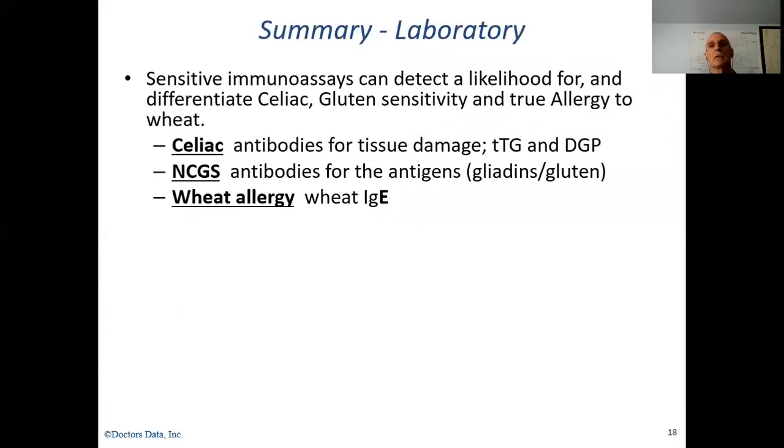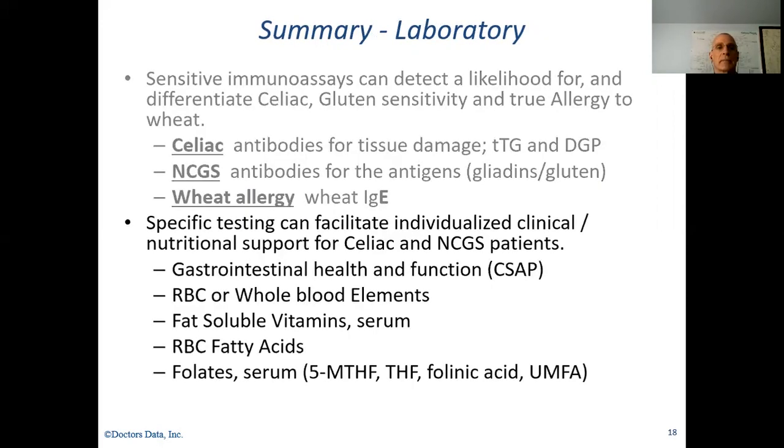Summary of laboratory. Sensitive immunoassays can detect a likelihood and differentiation between celiac, gluten sensitivity, and true allergy to wheat. Again, for celiac, we look at antibodies for the tissue damage, TTG and DGP, for non-celiac gluten sensitivity, antibodies towards the antigens, and for wheat allergy, wheat IgE.